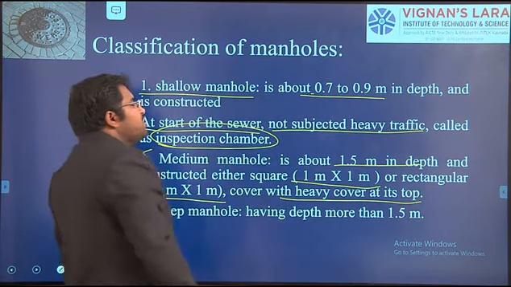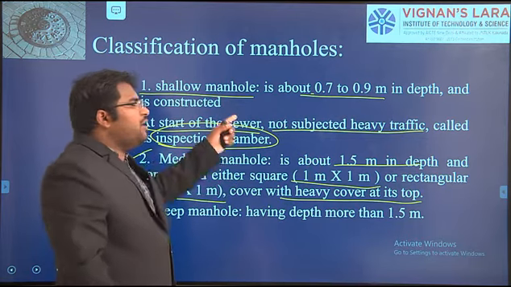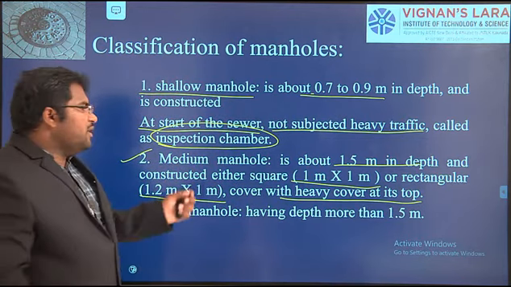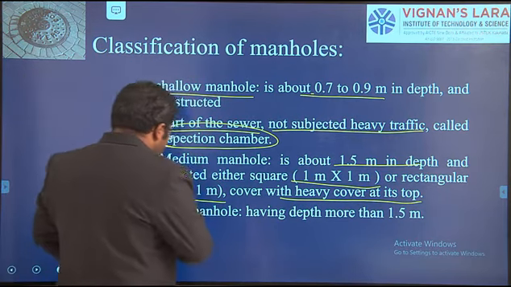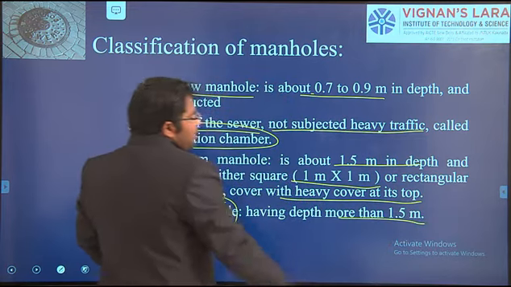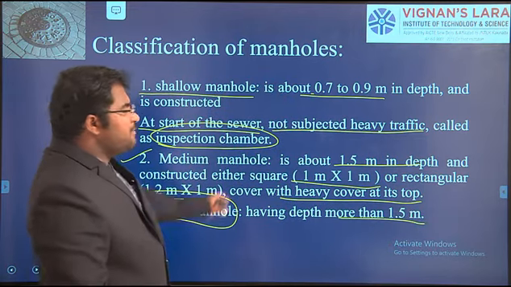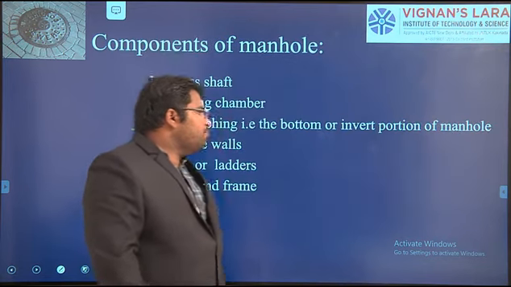It may be subjected to heavy traffic, whereas the shallow manhole is not subjected to heavy loads. Now the third one, the deep manhole, has a depth of more than 1.5 meters.